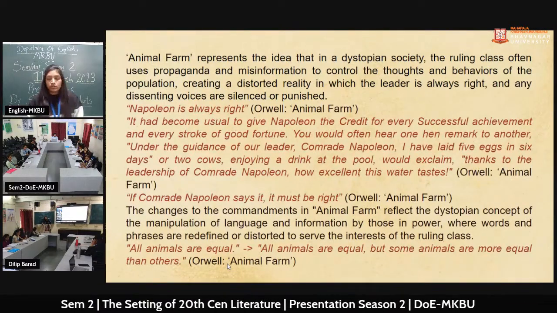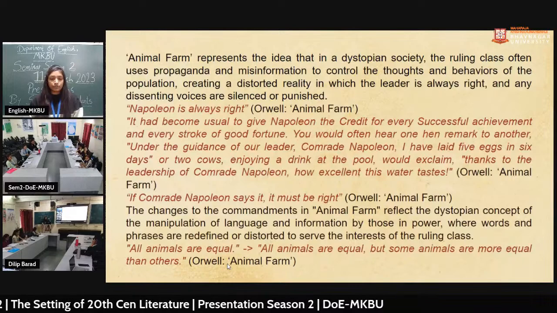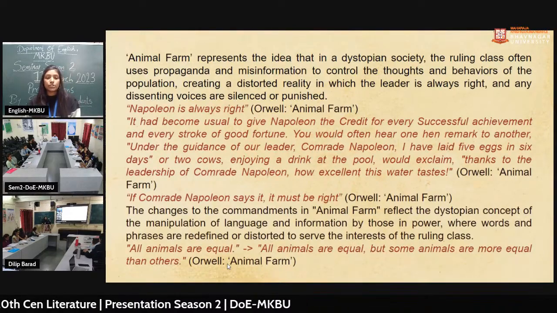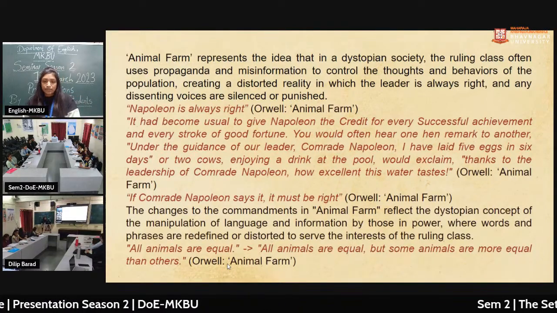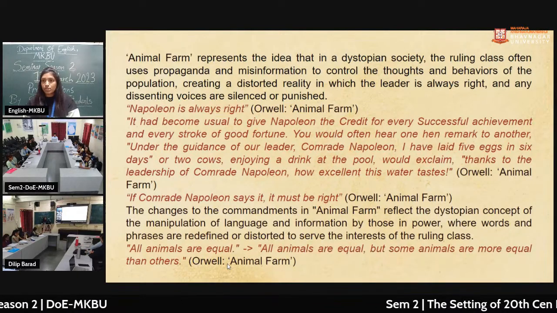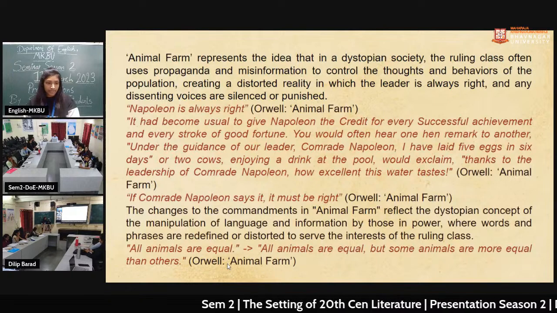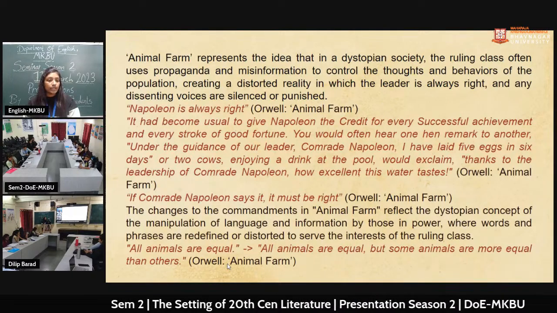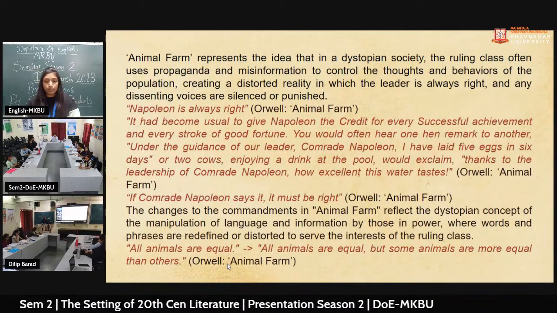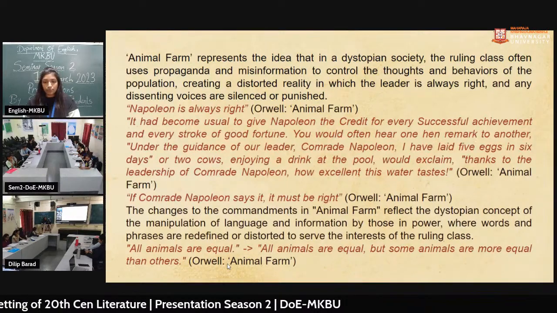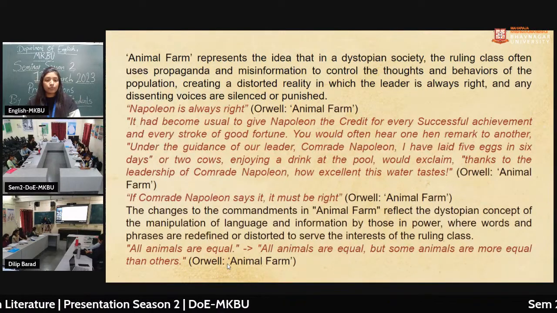In Animal Farm, we find very many dialogues that show the misinformation and manipulation by leaders, that Napoleon is always right. Another dialogue is: it had become usual to give Napoleon the credit for every successful achievement and every stroke of good fortune.